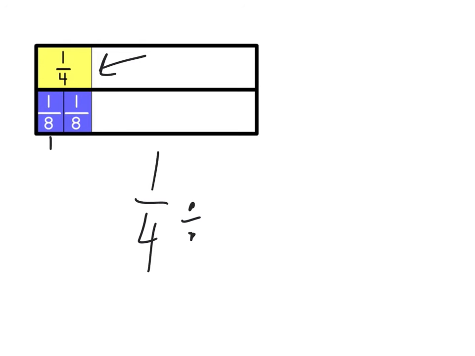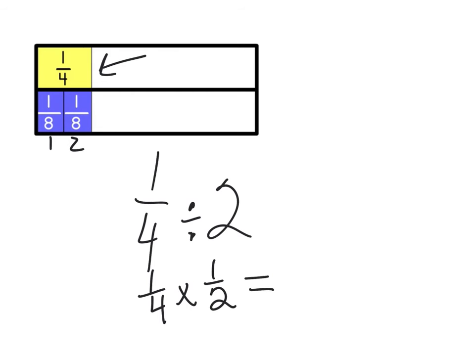So here's one piece, here's another piece. Or they divided it by 2. You can think of it that way. And so now, if I go to the algorithm, this would be set up as 1/4 times 1/2. I'd get 1/8. And again, if they cut it in half, one of those pieces would be worth 8ths.